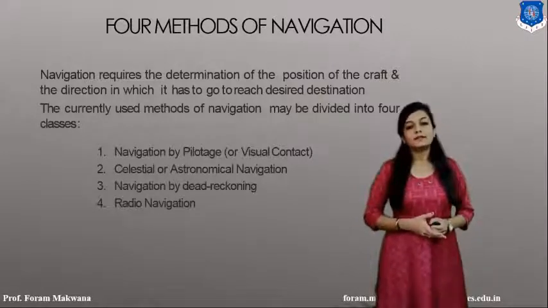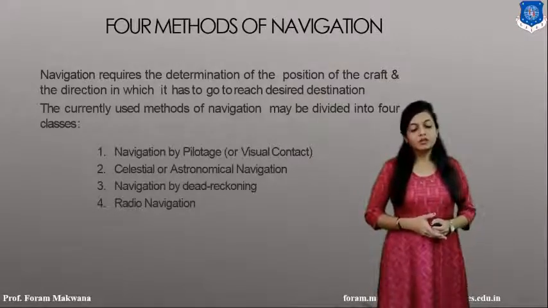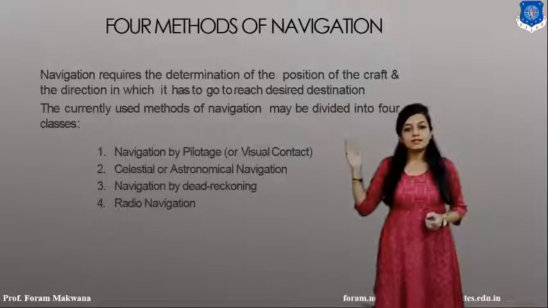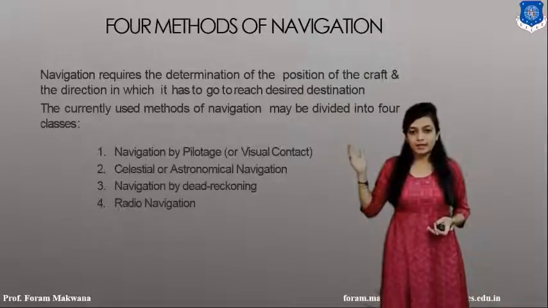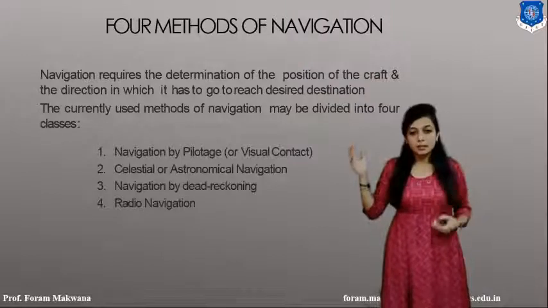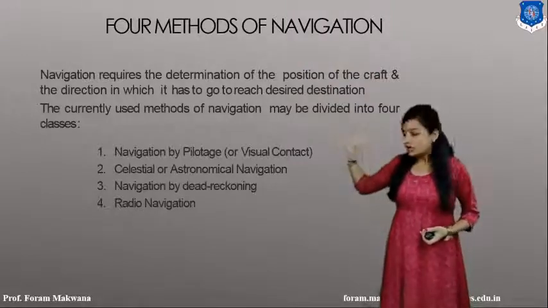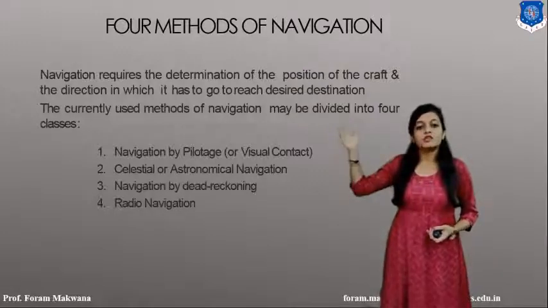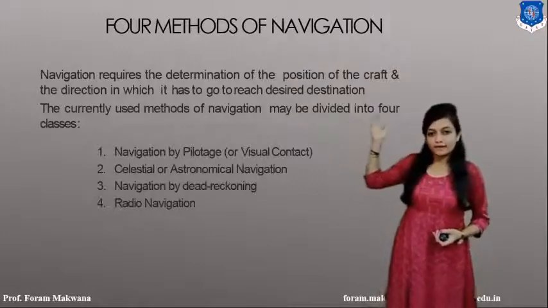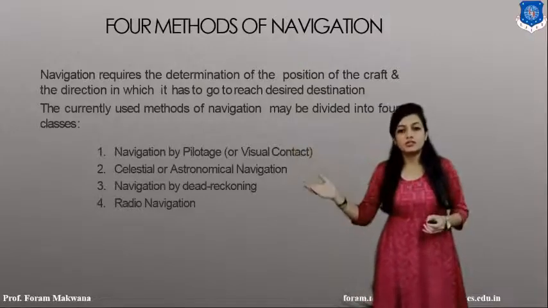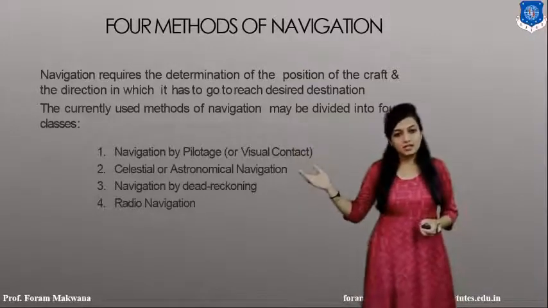What are the different methods of navigation? Navigation requires the actual position of my target, or we can say the submarine or the spacecraft, based on the actual position of the aircraft and the direction in which it has to reach a specific destination.